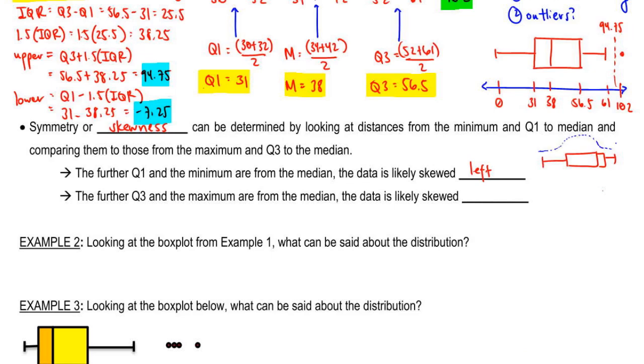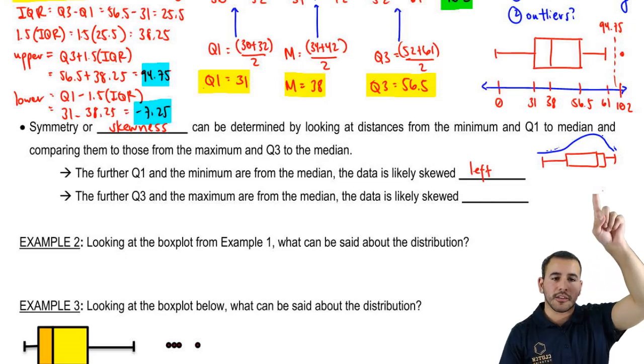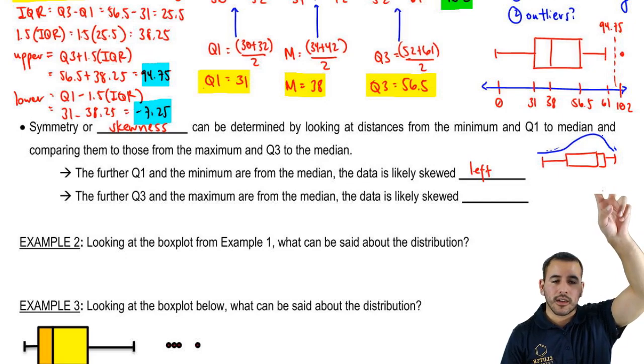Because essentially, 50% of our data lies between Q3 and the maximum. I'm sorry, median and Q3.